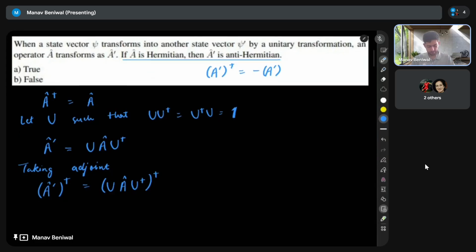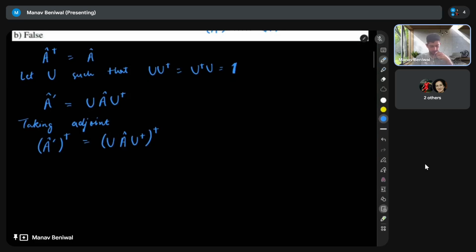Now we know when we have to take adjoint of products, their order is reversed. So this U dagger will come first with its dagger, then A will come next with its dagger, and finally U dagger. So this will be just simply U, and we know that this A is Hermitian, so A dagger is simply A, and this is U dagger.